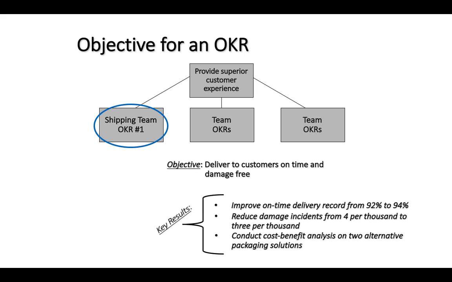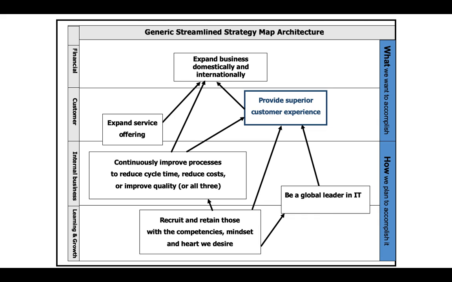And as we know, the shipping team created this OKR to support the company's strategy map and the objective of providing a superior customer experience, which you will recall was a strategic objective on the strategy map. So all teams in the OKR process should consider where they have a strategic influence and create OKRs for those objectives all across the map.